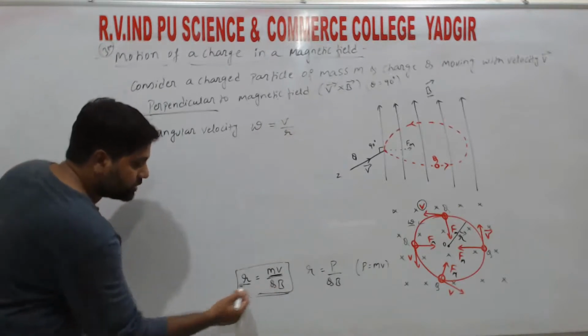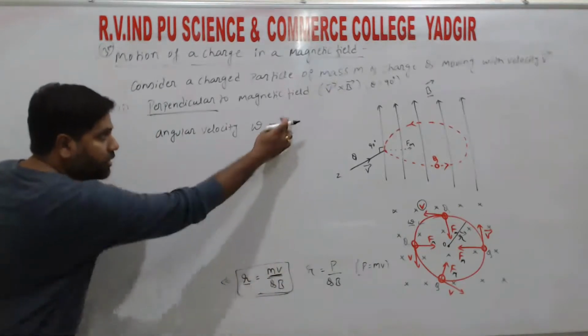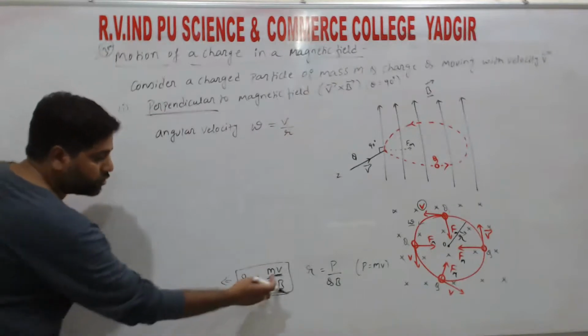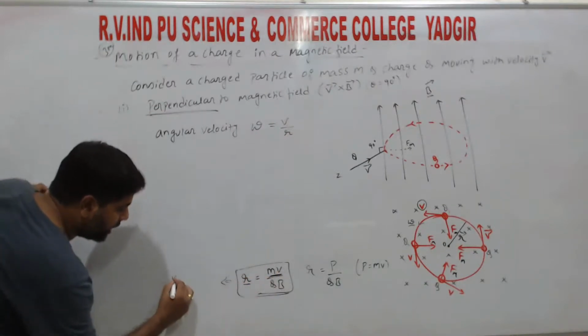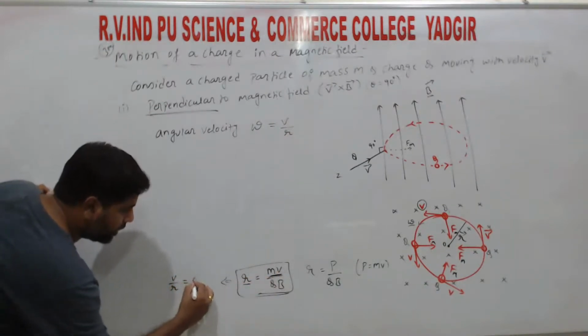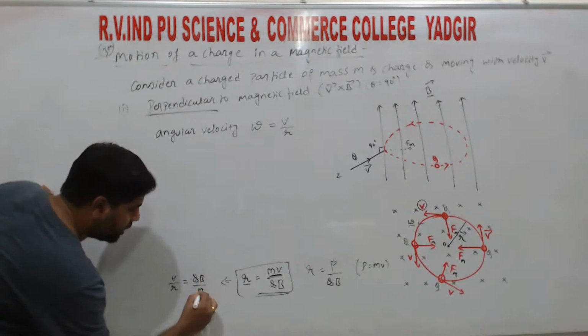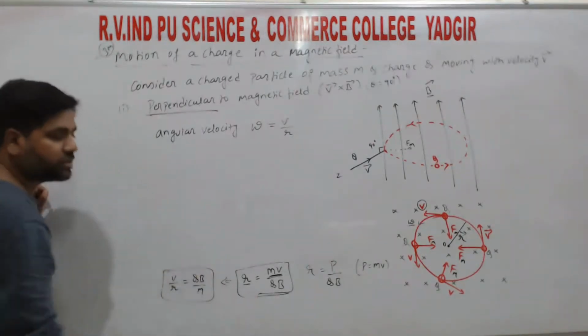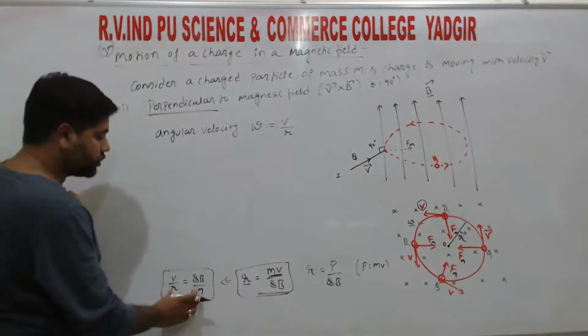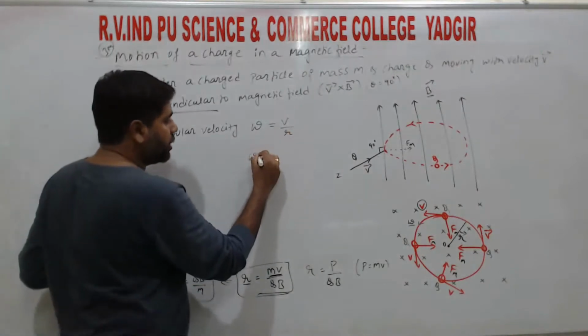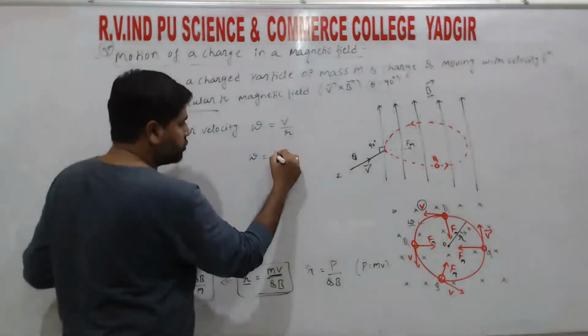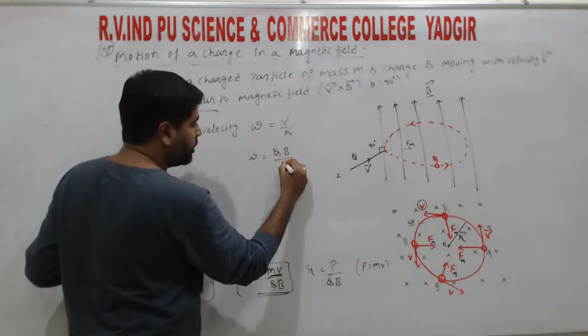From the radius relation, v by r is equal to qB divided by m. Substituting this value, we get the angular velocity omega is equal to qB divided by m.